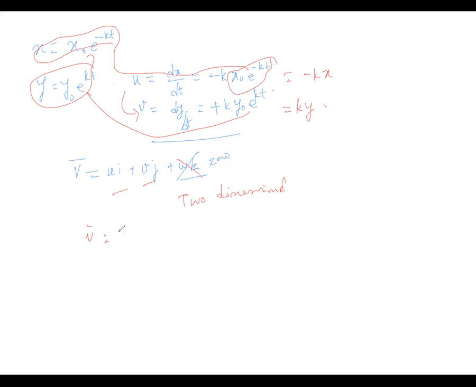Writing in vectorial notation, V equals minus k x i vector plus k y j vector.